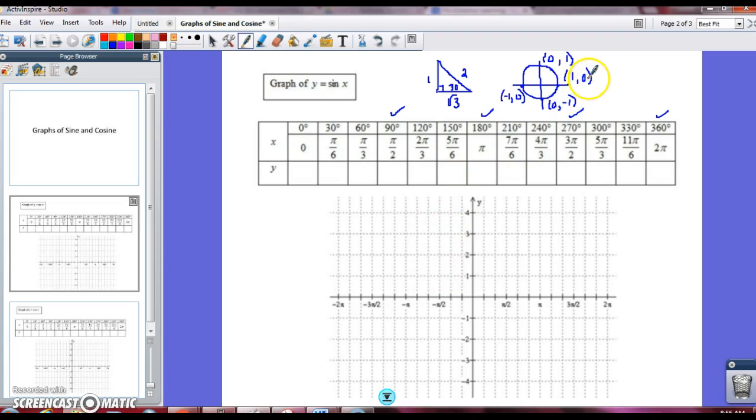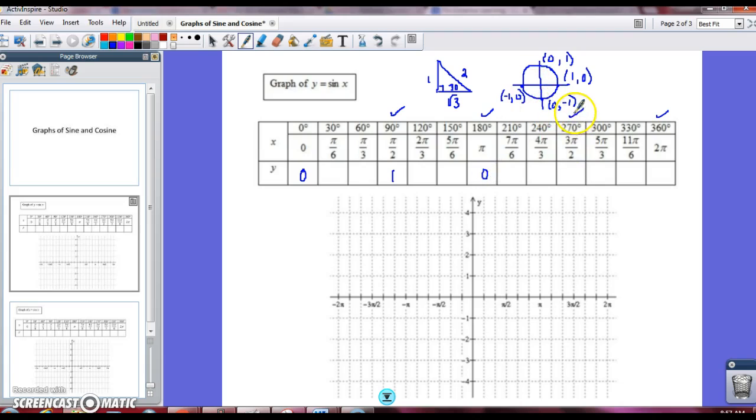The sine of 0. I'm going to fill in my quadrantal values first. The sine of 0 is 0 because it's the y coordinate of that point. The sine of pi over 2 is going to be 1. The sine of pi is going to be 0.